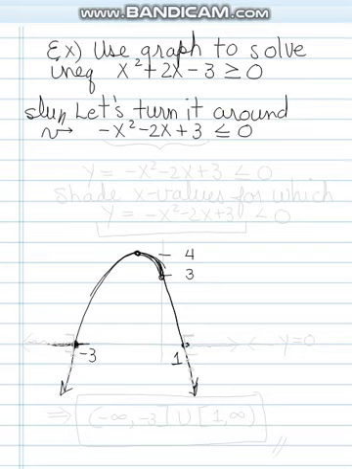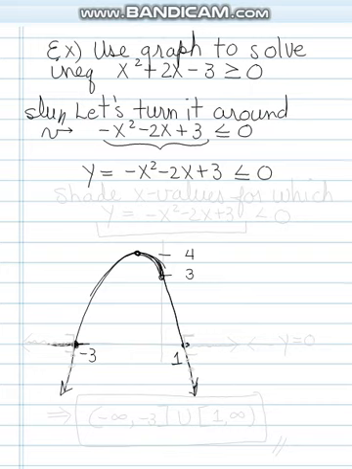Now, I want to call this entire portion y. Y equals negative x squared minus 2x plus 3, and that's less than or equal to 0.